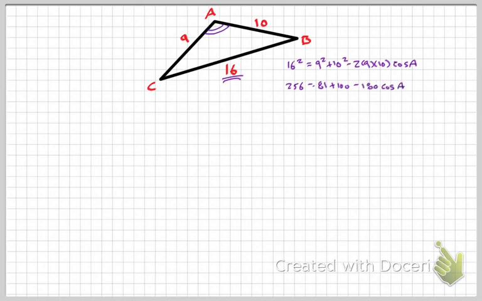Cosine of A. Let's subtract the 81 and the 100 to the left side. So 256 minus 81 minus 100 gets us 75. So 75 equals negative 180 cosine of A. Now I'm going to divide by negative 180.